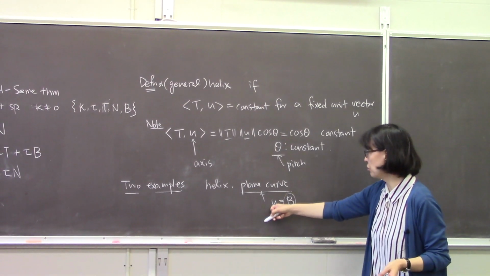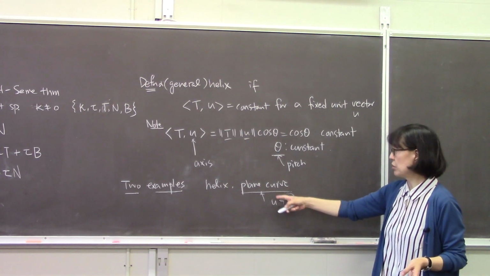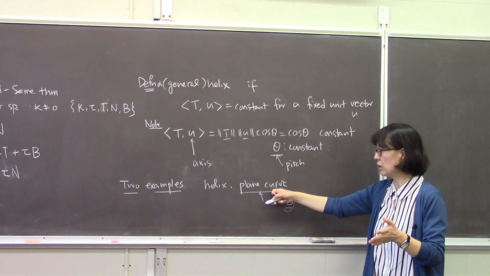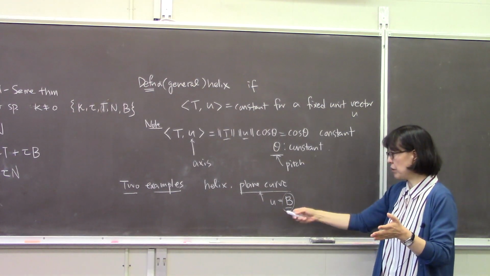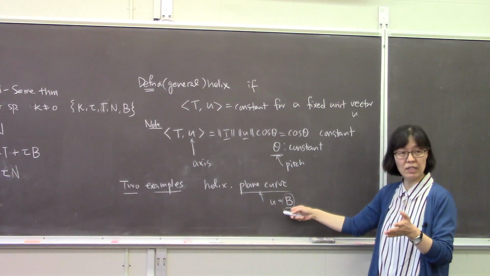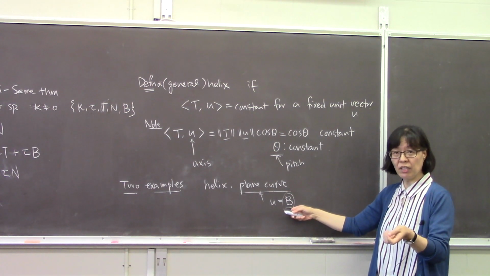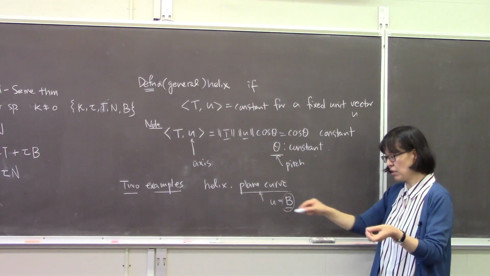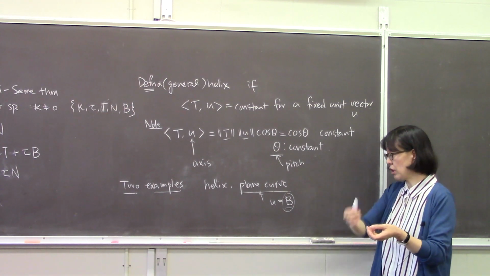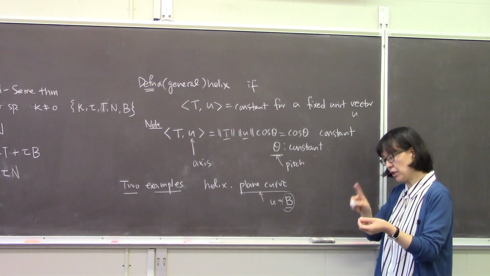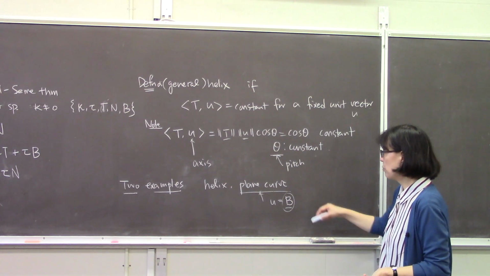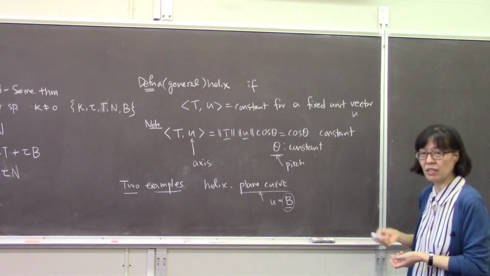So if you take U to be B for the plane curve, then the tangent to the plane curve is orthogonal to B. So the angle between T and U is 90 degrees, which is constant. So a plane curve is a helix in this sense.